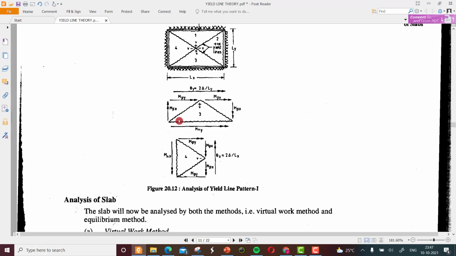These are the inclined yield lines, and we have Lx here, Ly here, and Mny is the moment in the direction of x, and this is Mpx, and we have Mpy in this direction, and there is Mpx also. So we have Mpx, and Mpy, Mpy. Then this is the Mny.